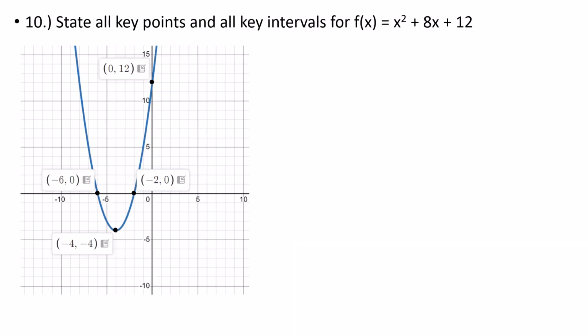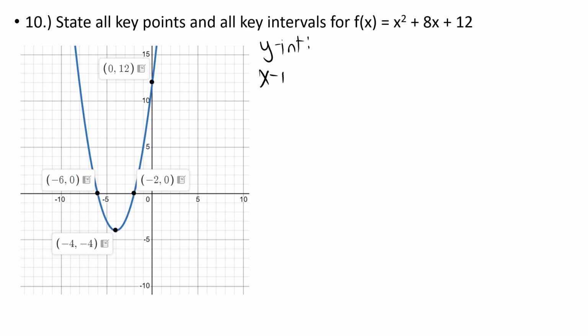And for the last one, state all the key points and all the key intervals for that. So it's like, let's summarize everything. So we are going to be stating the y-intercept.